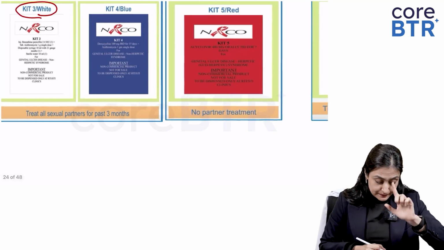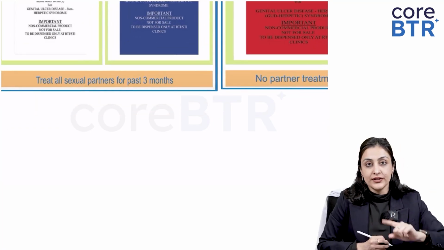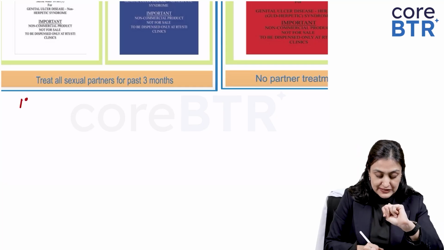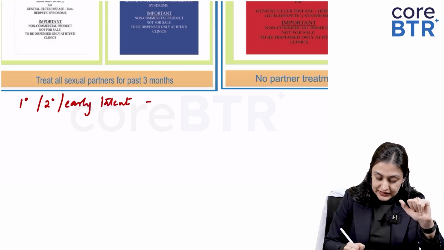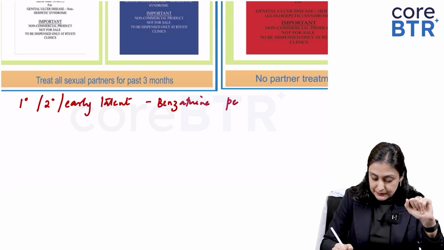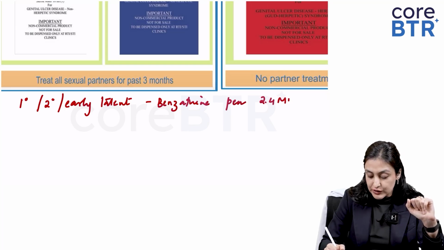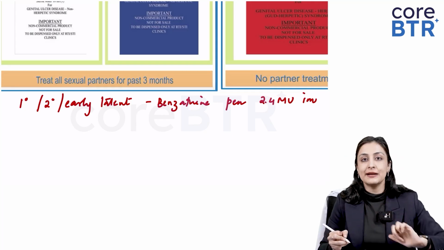Let's talk further. As far as syphilis is concerned, let's club all the treatment. If it is primary syphilis, secondary syphilis, or early latent syphilis, for everything the treatment remains the same. You have to give benzathine penicillin 2.4 million units intramuscular injection stat. That's it, one-time treatment.